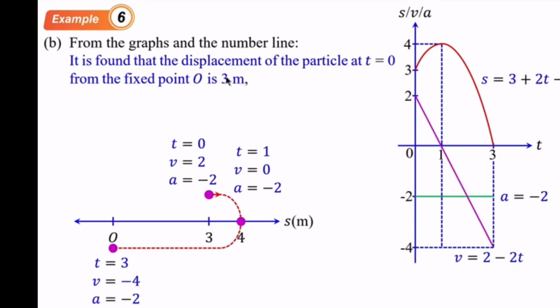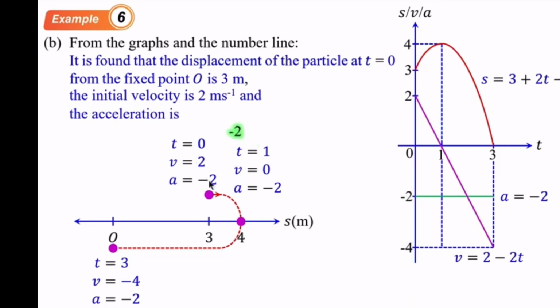Alright, so when t is 0, the particle is actually at 3 meters to the right of the fixed point O, and then it starts with the initial velocity 2. We need to write in a complete sentence. The initial velocity is 2 meters per second, meaning that when the time is 0, the particle is having the speed 2 meters per second, and it is actually having the acceleration -2.